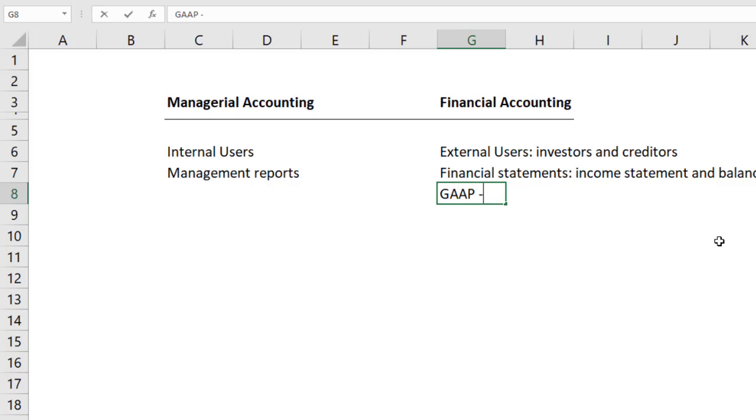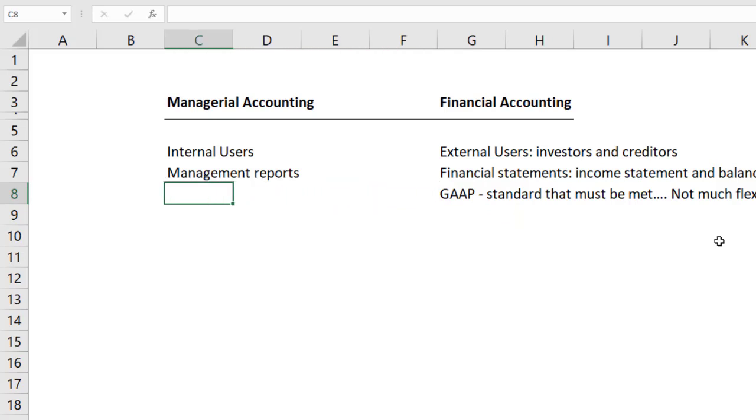In other words, this is a standard that must be met. There's no flexibility in creating the financial statements. If you remember from financial accounting, income statements and balance sheets have to be done in a very specific way. You can't make them based on how you would like to make them.